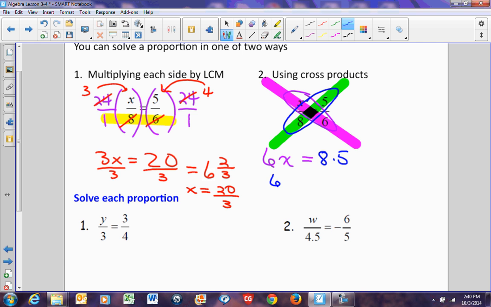So 6x equals 8 times 5, which is 40. Divide each side by 6, and I would have x equals 40 over 6, which reduces to 20 over 3. So it's 20 over 3, or again, 6 2/3. Same answer, different methods for solving. I actually prefer to use cross products more than anything else.